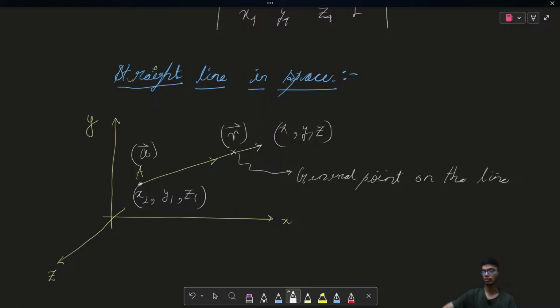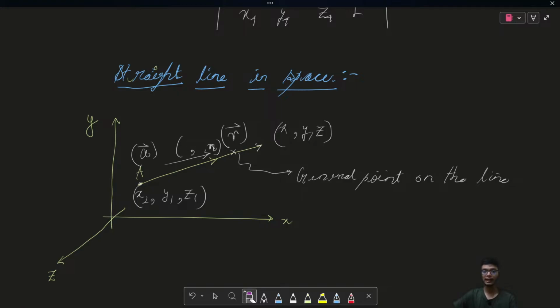Now along with the initial fixed point, I say that the line is directed along some direction, and the direction of this line is given to us.